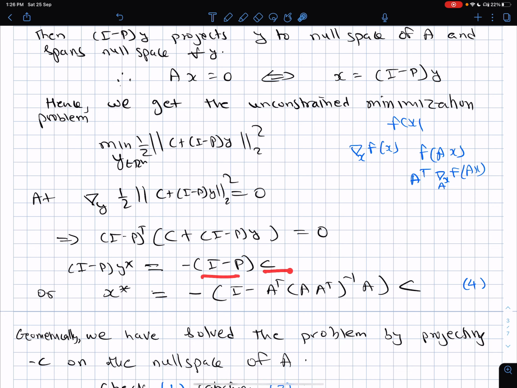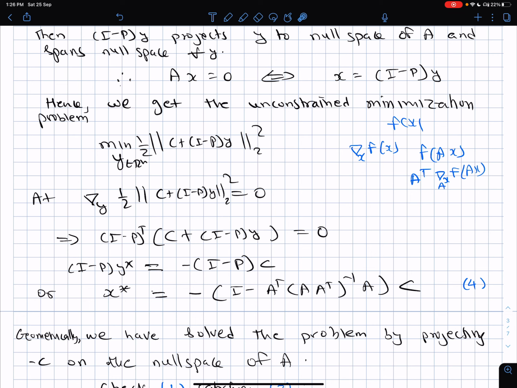Now (I minus p) y star, by our substitution, is nothing but x star. So x star becomes simply minus (I minus p) times c, and now just substitute for p the projection that we have taken, which is A transpose (A A transpose) whole inverse A.